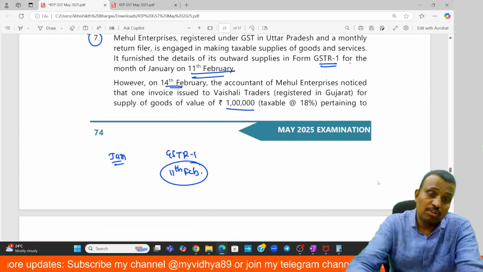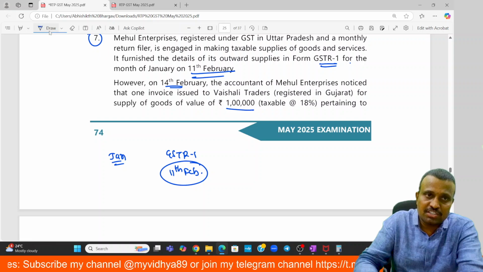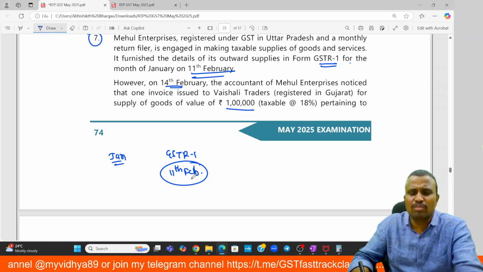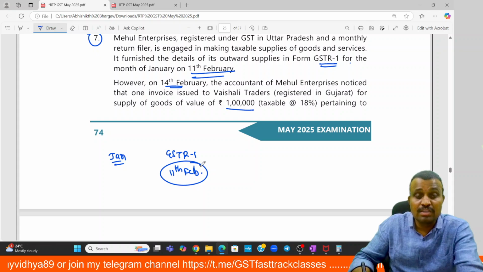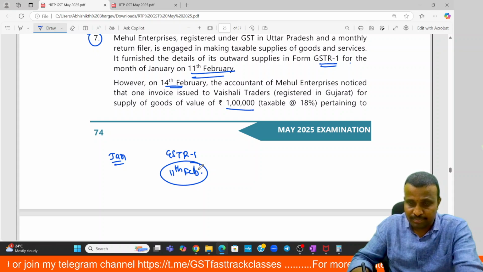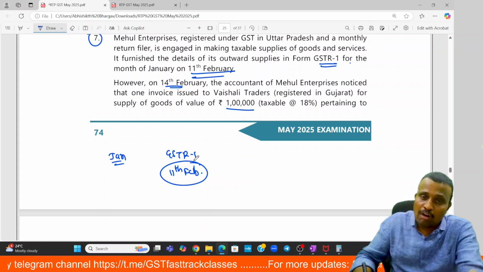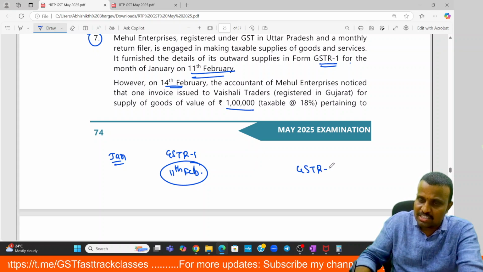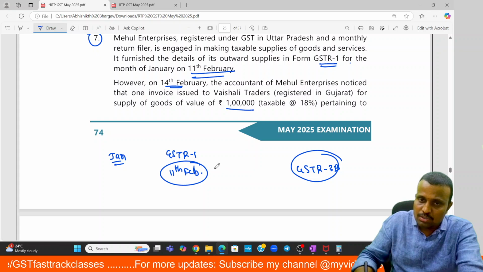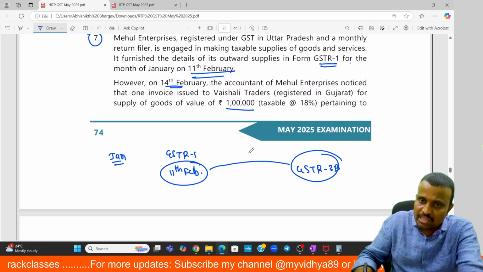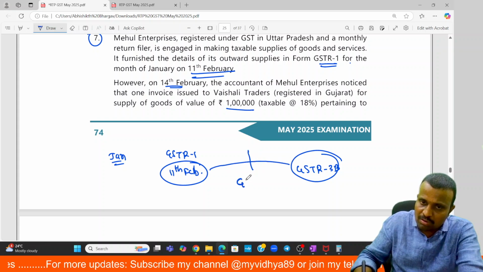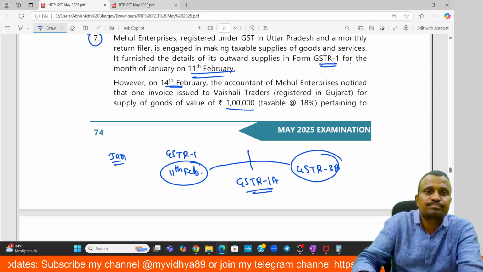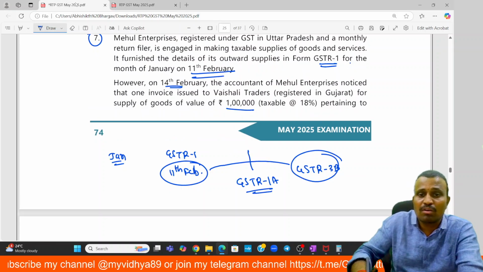And here, if GSTR 1 is filed on 11th February and you missed any invoice, then one option is there after filing the GSTR1 but before filing the GSTR 3B. In between, you may file one form, nothing but GSTR 1A.